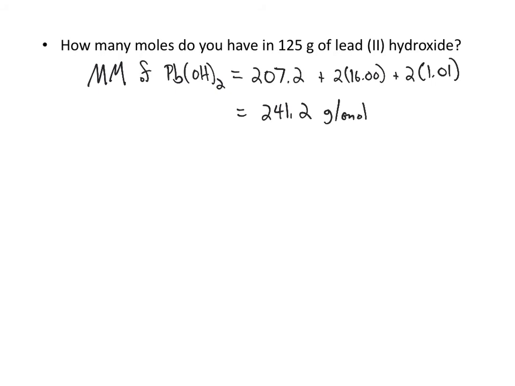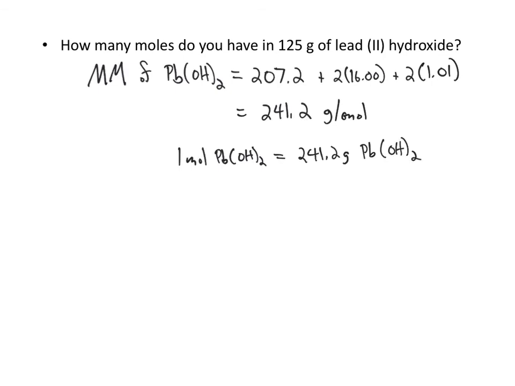If we were talking about formula mass, my units would be AMU, but I'm talking about molar mass, and so I would use grams per mole as my unit. And I think this is most conveniently thought of as a conversion factor. So if I have 1 mole of lead 2 hydroxide, I have 241.2 grams of lead 2 hydroxide.